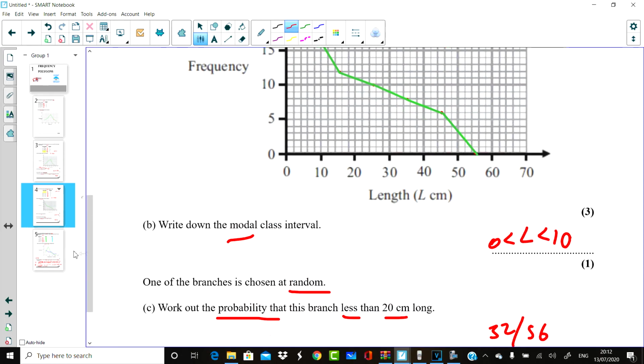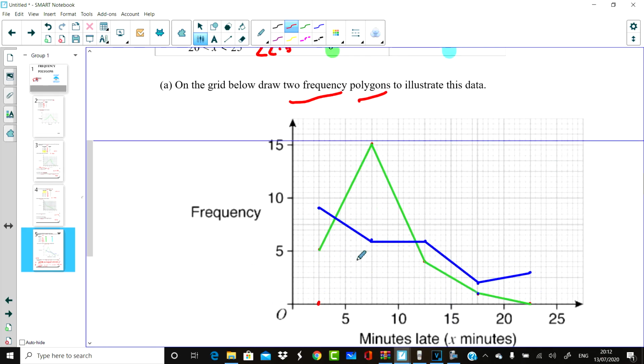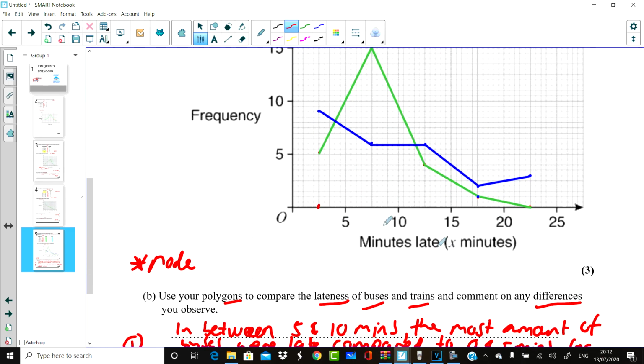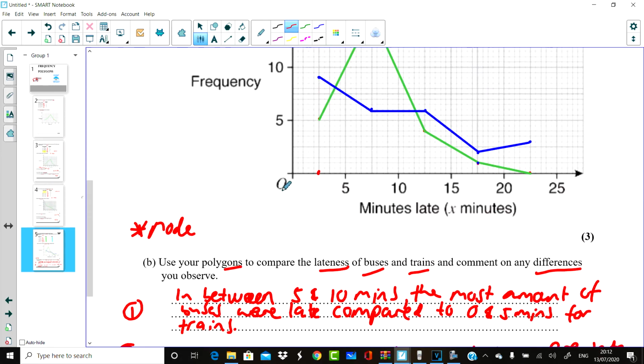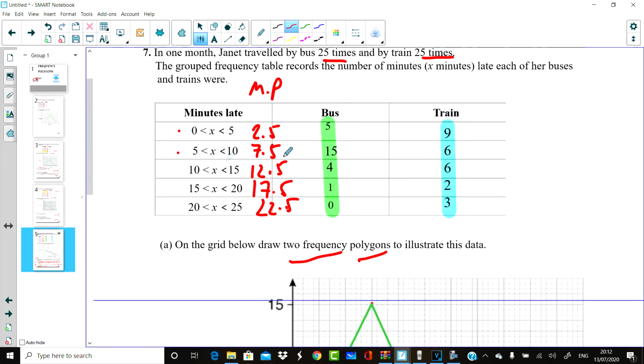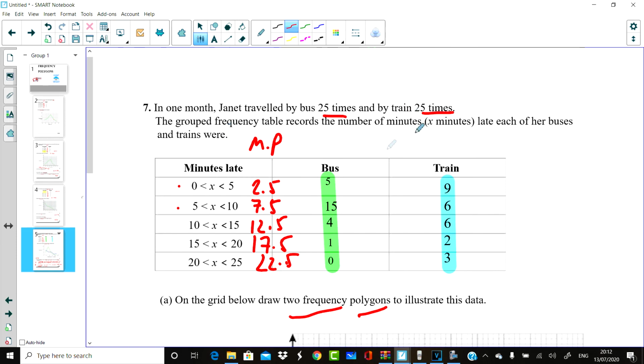And then the last type of question, you could be asked to draw 2 frequency polygons on one graph or make a comparison using our frequency table at the top. So these are all the types of questions that you could be asked in frequency polygons.